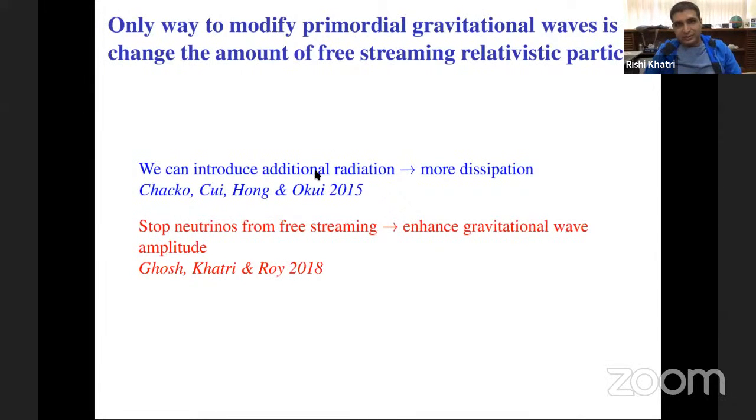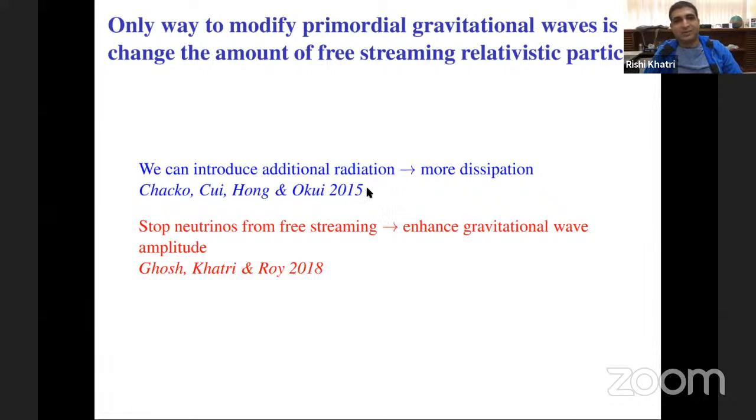Okay, so the only source term in this evolution of gravitational waves is the anisotropic stress in the free streaming relativistic species, which is just neutrinos in the standard physics. So you can modify primordial gravitational waves. If you introduce additional radiation, you will have more dissipation, so there will be even more damping of gravitational waves.